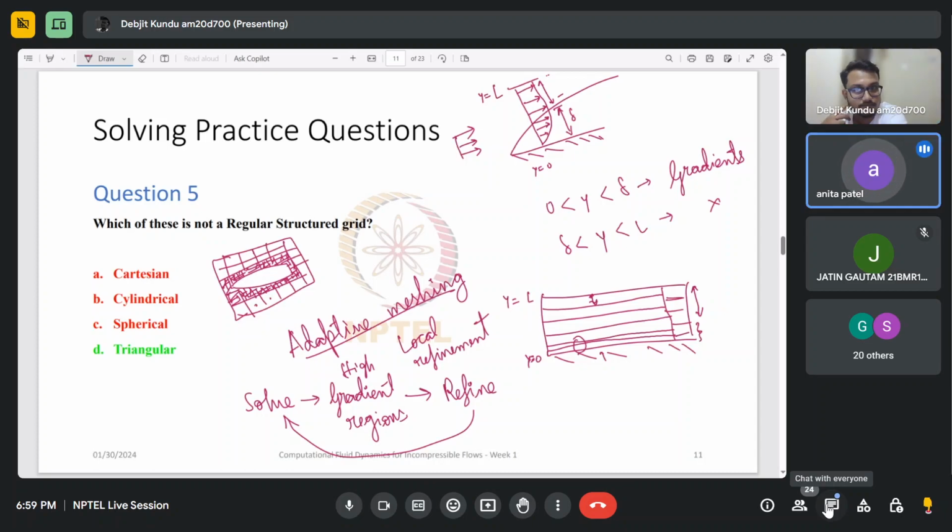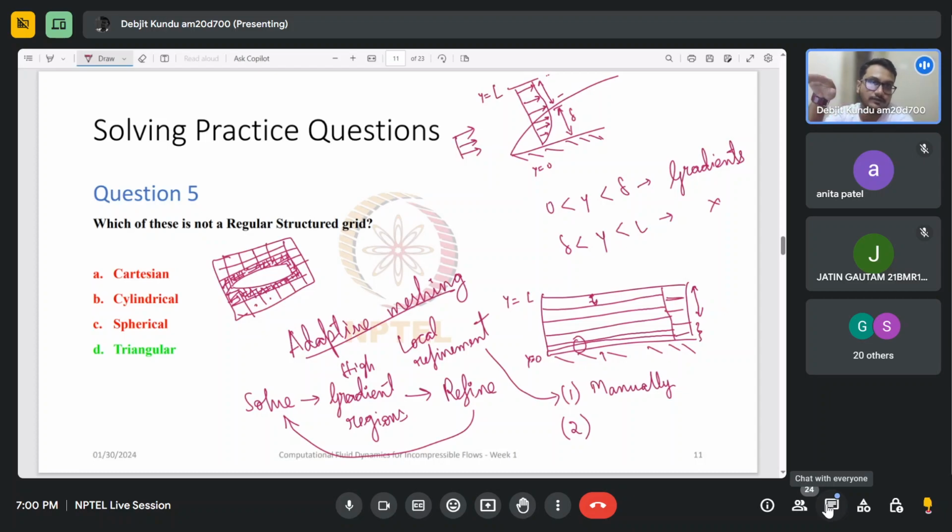Sir, my query is, in local refinement, we are aware that we have to refine near the wall or where the flow geometry is changing. But this adaptive meshing, it is taking place automatically? Means this is a feature of the code, the software? Yeah. So local refinement you can always do manually, where you are the one intervening, choosing which locations to refine.